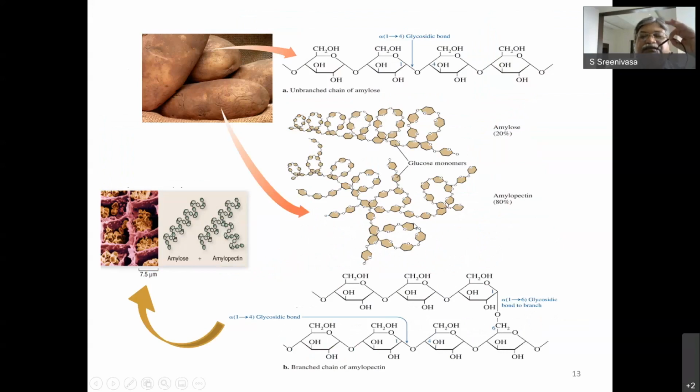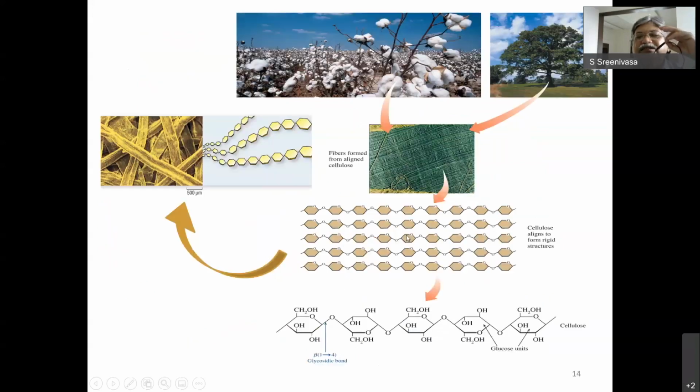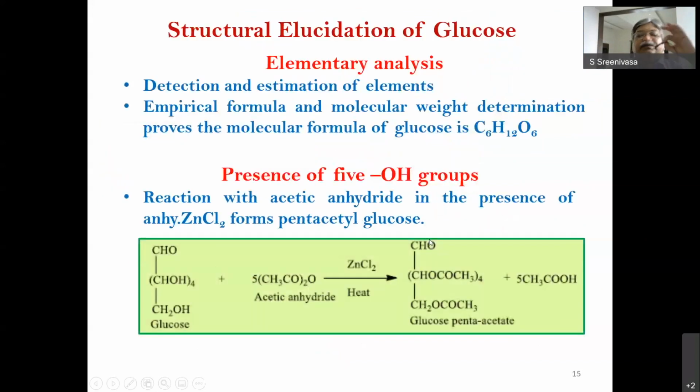That will be amorphous in nature. That is also okay, but this gives strength to the molecule. In cellulose, the 1,4-glycosidic linkage goes on, and the packing is also there. Because of this packing, it gives rigidity to the molecule. So these are the varieties I have discussed.